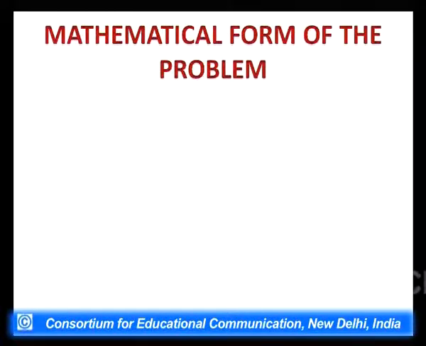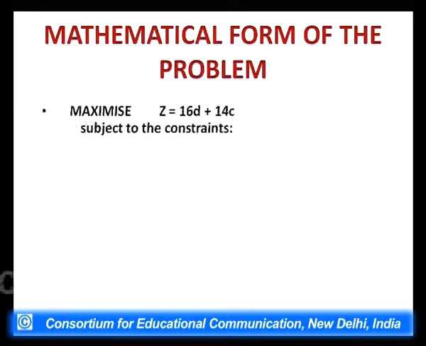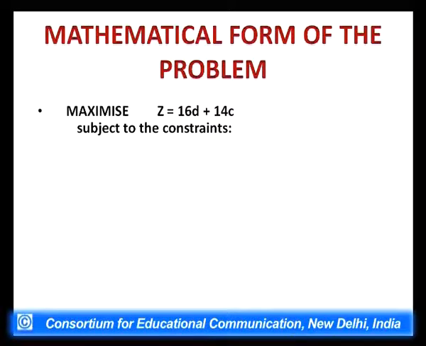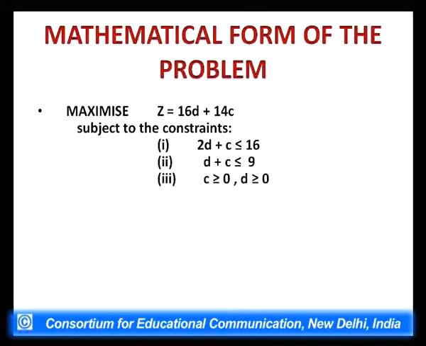So, the mathematical form of the problem is now: maximize Z is equal to 16D plus 14C subject to the constraints, and these constraints are the same as we have already made: 2D plus C less than or equal to 16 and D plus C less than or equal to 9. These two constraints, and C is greater than or equal to 0, D is greater than or equal to 0.